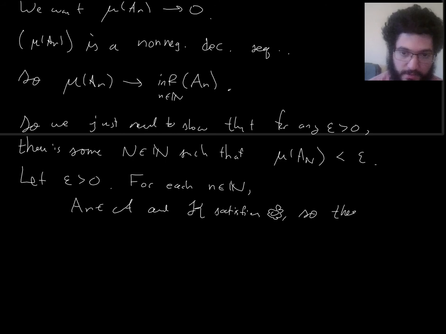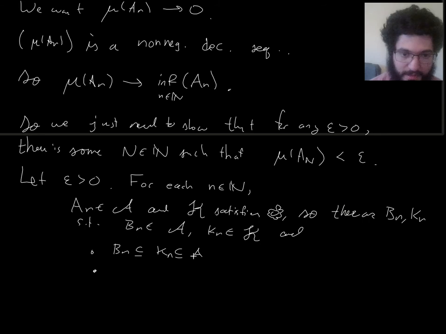So there are, let's call them Bn, Kn, such that Bn is in our algebra of sets, Kn is in the compact class, and two things happen. Number one, Kn is squeezed between An and Bn, and number two, the mu of the area that Kn has been stuffed into is less than epsilon.